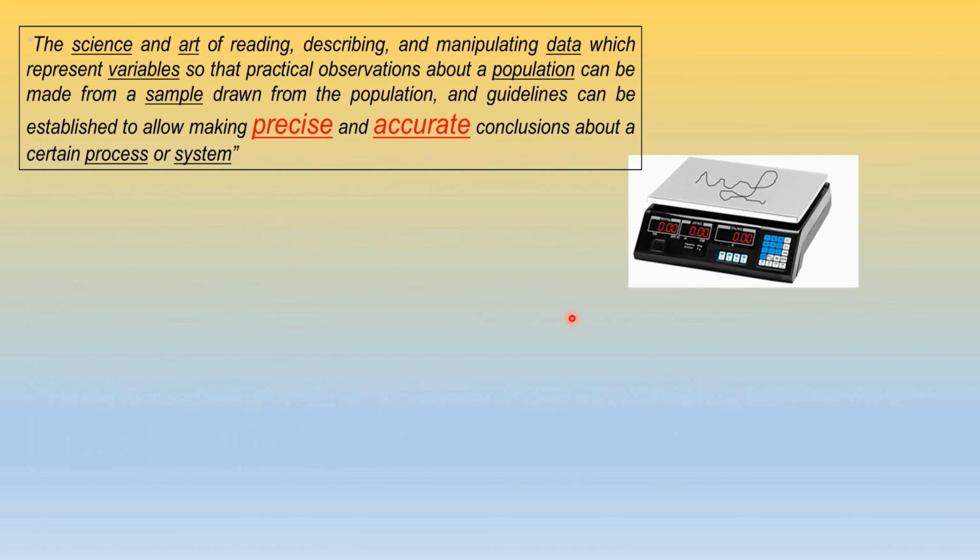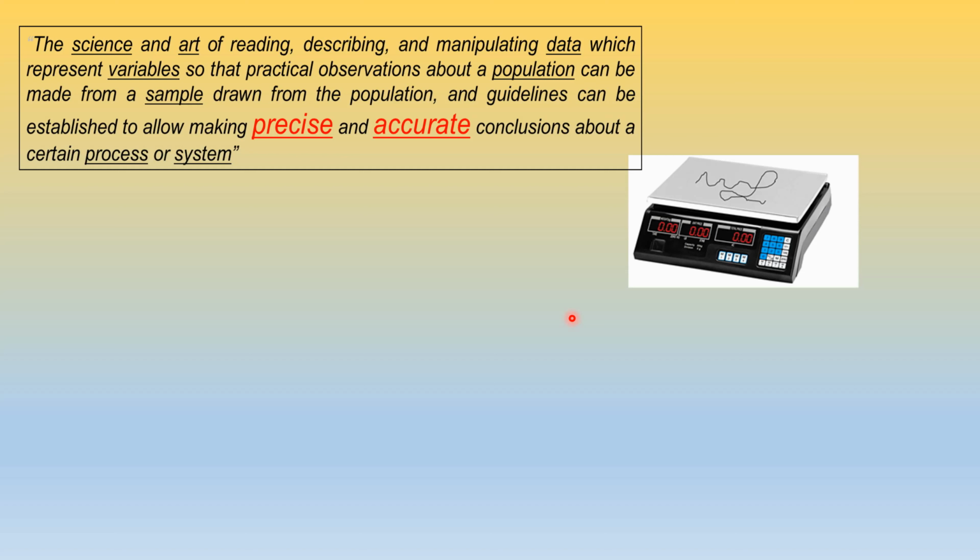Continuing the definition: the science and art of reading, describing, and manipulating data which represent variables so that practical observations about a population can be made from a sample. We already learned about all these underlined terms. Conclusions are drawn from the population, and guidelines can be established to allow making precise and accurate conclusions.